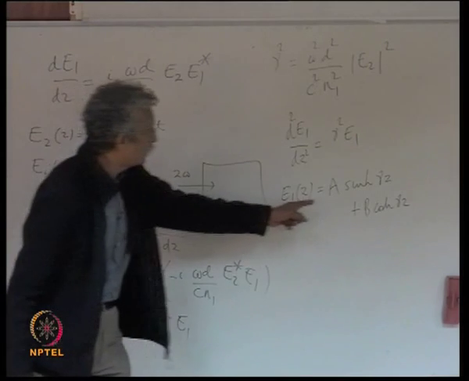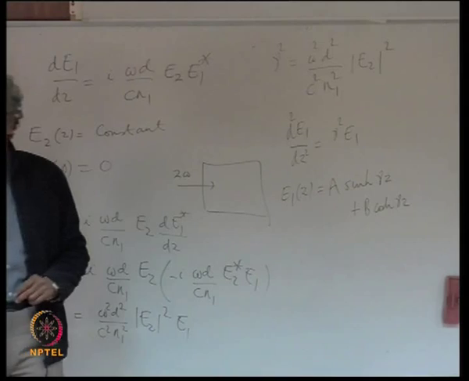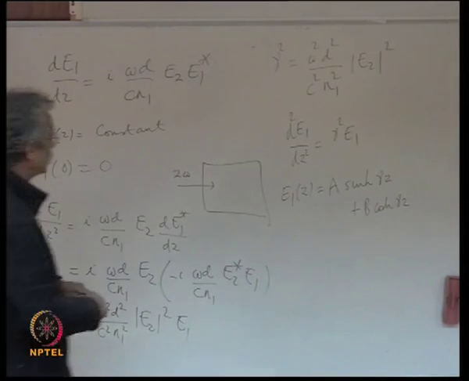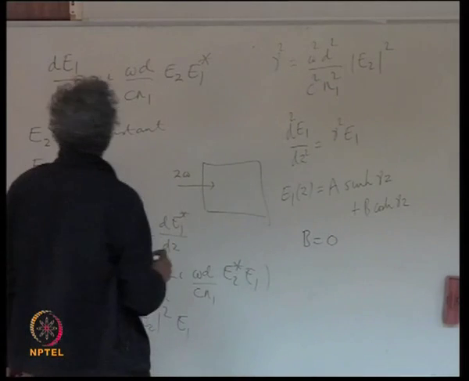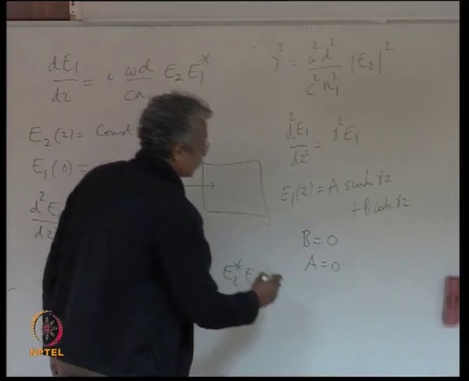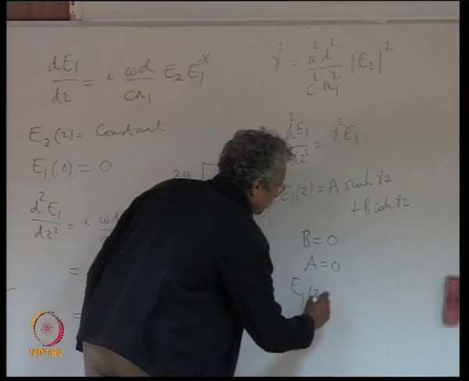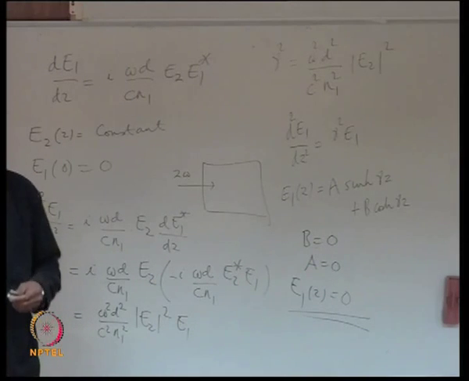Because E1 of 0 is 0 plus b, so b is 0. dE1 by dz is also 0 at z equal to 0. That means a is also 0. So b is equal to 0 because E1 of 0 is 0, and a is equal to 0 because dE1 by dz is 0 at z equal to 0. So E1 of z is equal to 0. No generation of subharmonic.